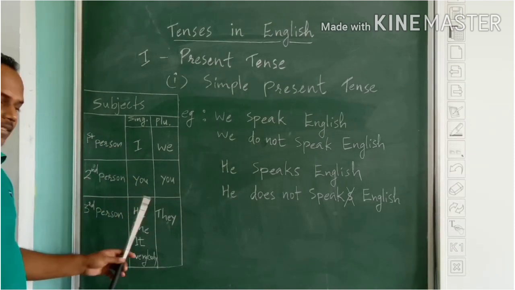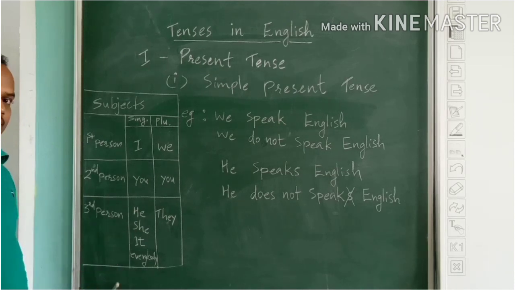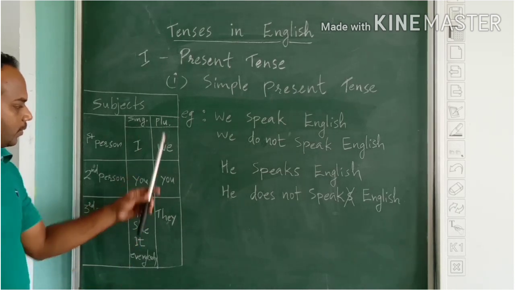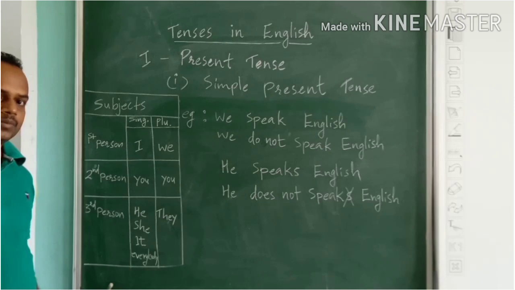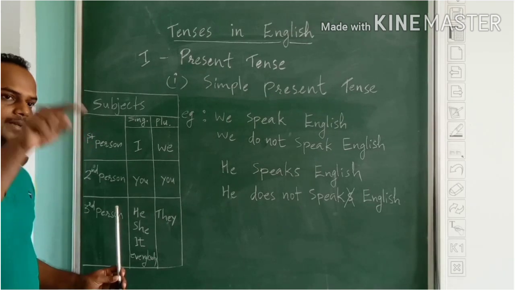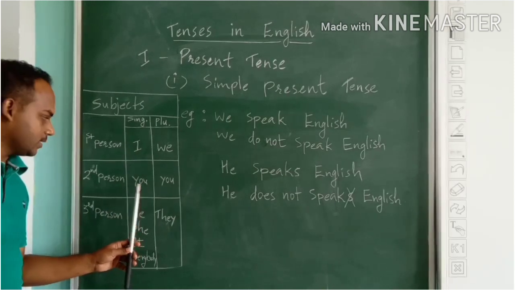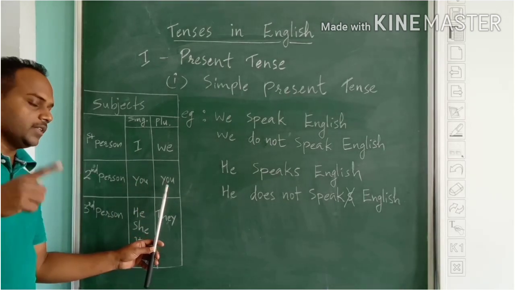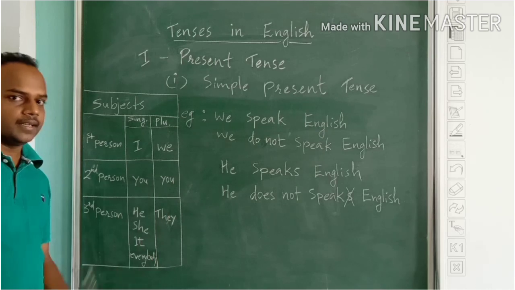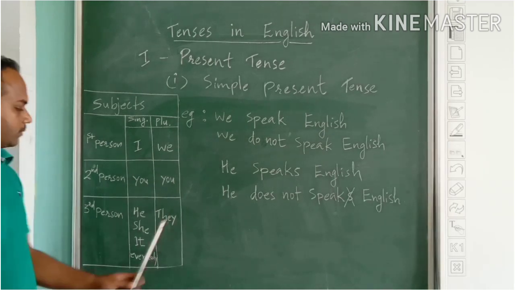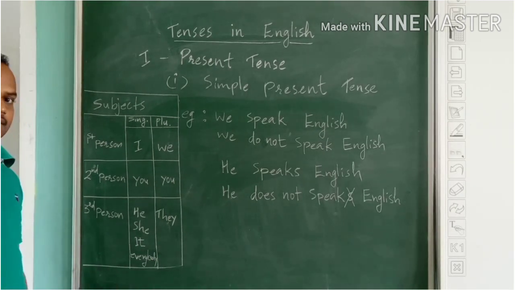And look at the second one, second person. The singular number and the plural number are the same: you. When we talk about you, it may be a person or more than a person. If it is a person, it is singular in number, and if it is more than a person, it is plural in number. Okay? And finally, the third person.